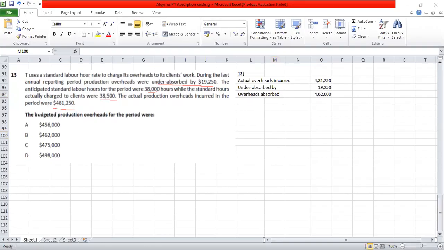What did they anticipate? The anticipated standard labor hours for the period were 38,000 hours, while the standard hours actually charged to the customers are 38,500.